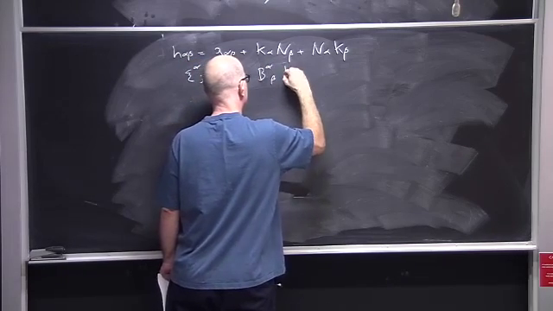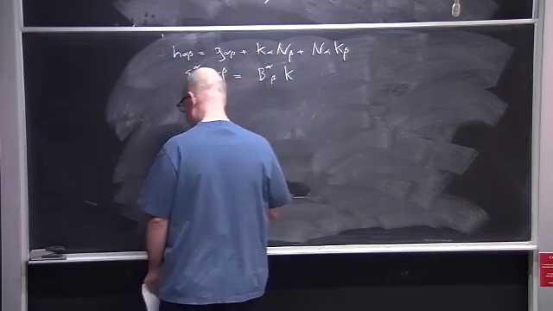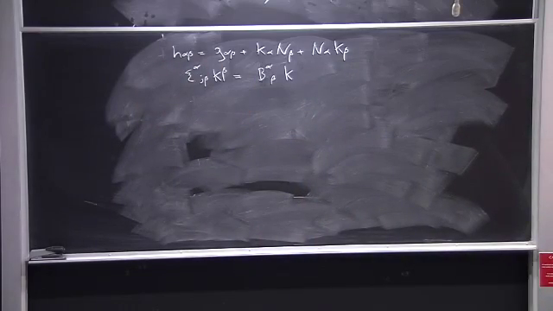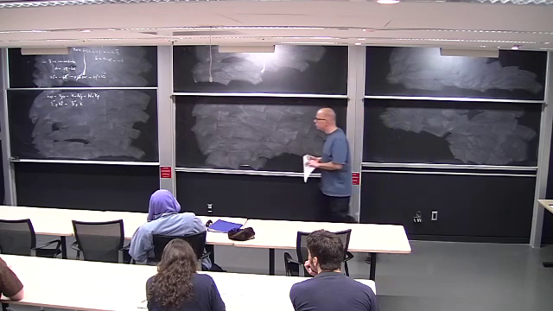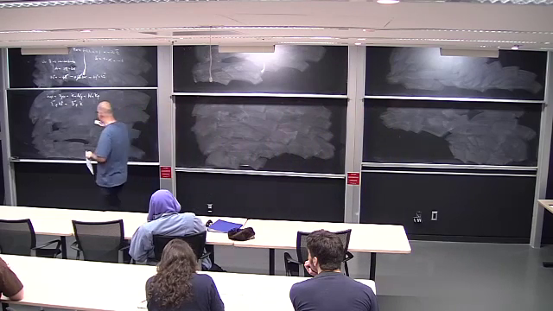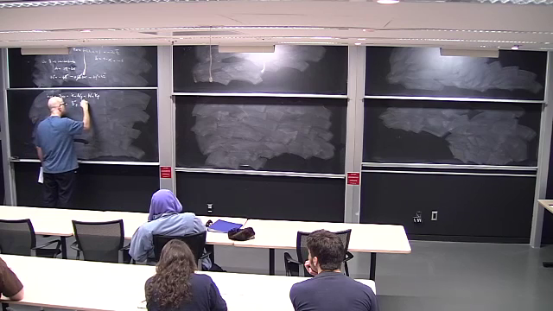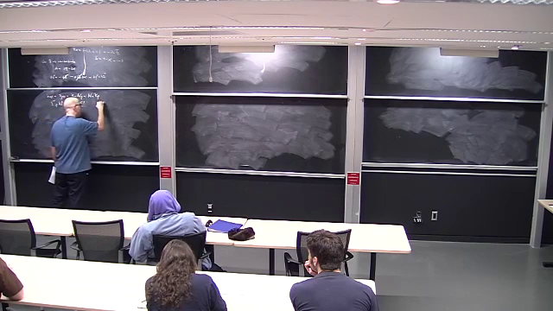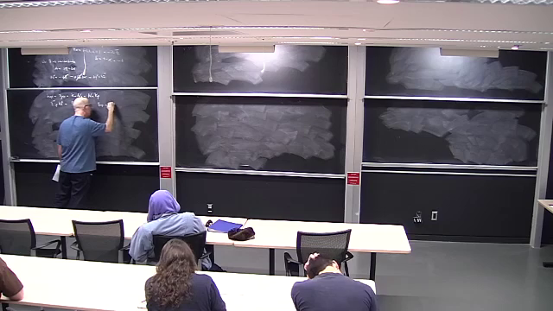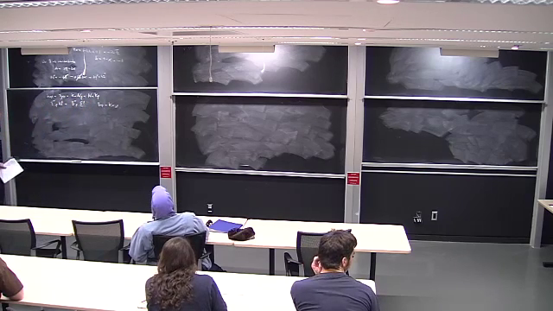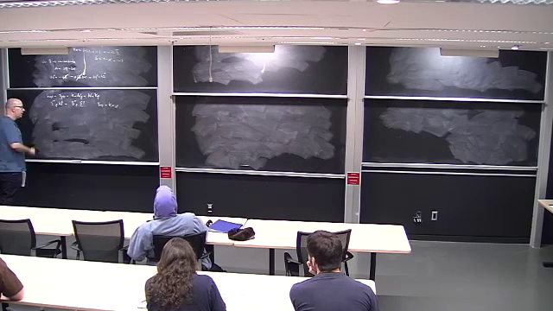Sorry, that's C. Where B alpha beta is again defined to be the gradient of the tangent vector field, and that tells us something about how Xi varies as we move up along the congruence.